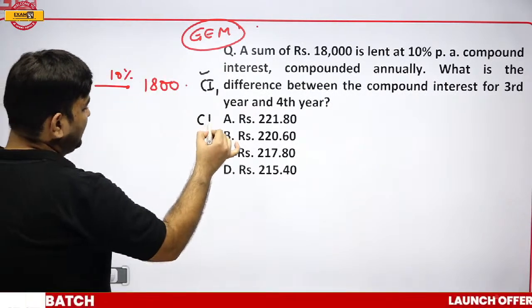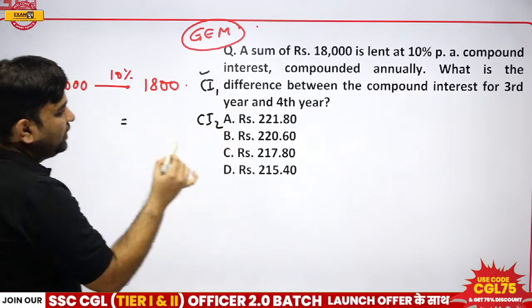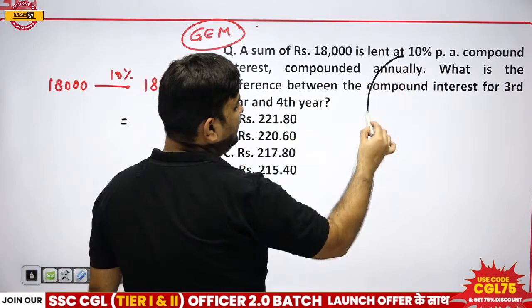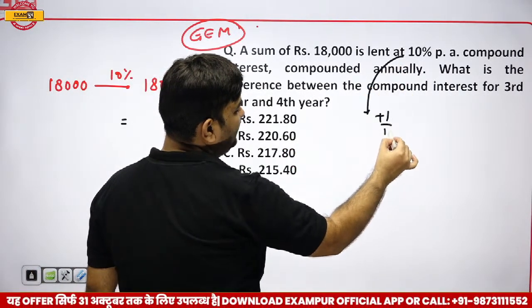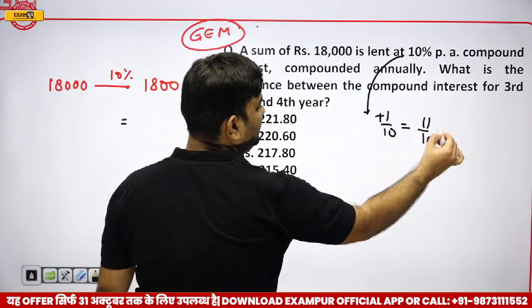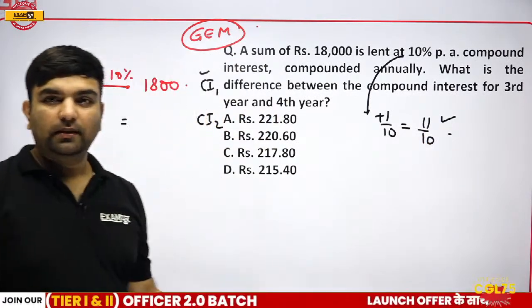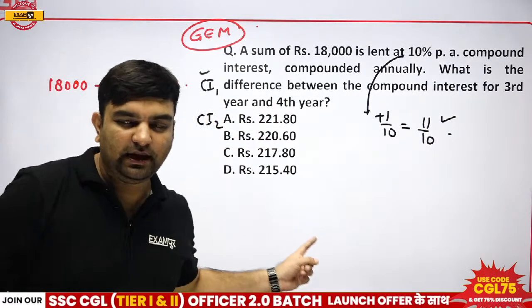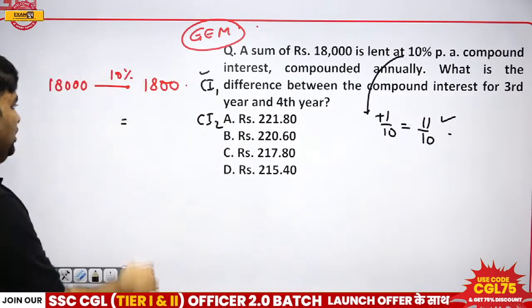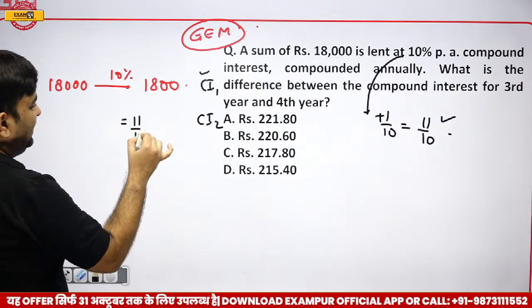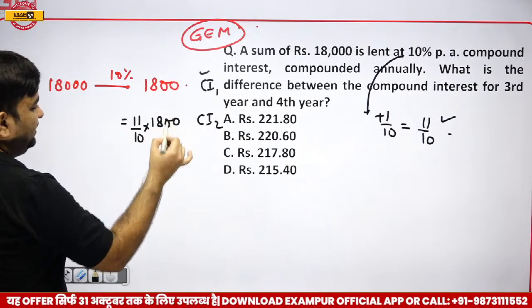So CI for the second year is going to be 10% higher. I can interpret it as 1 higher than 10, or you can say 11 by 10 of the previous value. So 11 by 10 of 1,800 is the CI for the second year.